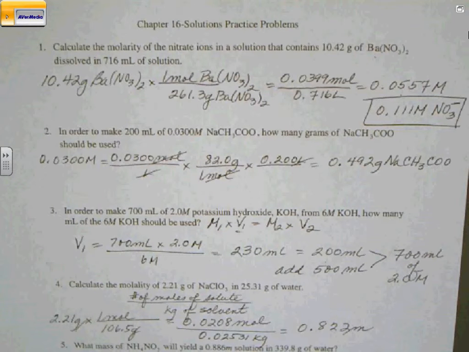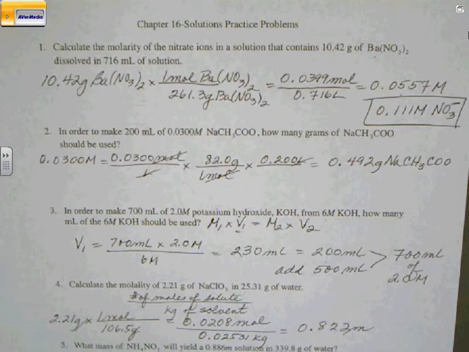Since we have to solve for the volume of the first, we take 700 milliliters, multiply it by 2 molarity, and divide by the 6 molarity strength, and it ends up being 230 milliliters. For sig fig reasons, we probably should have the answer 200. So we will need 200 milliliters of the 6 molarity strength.